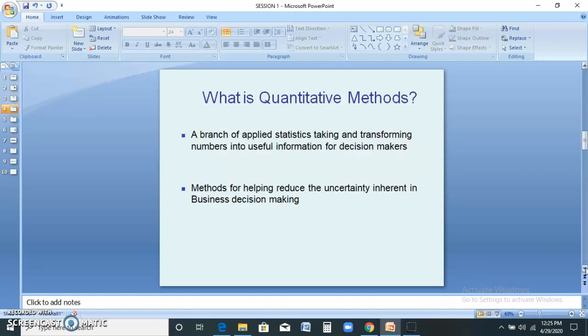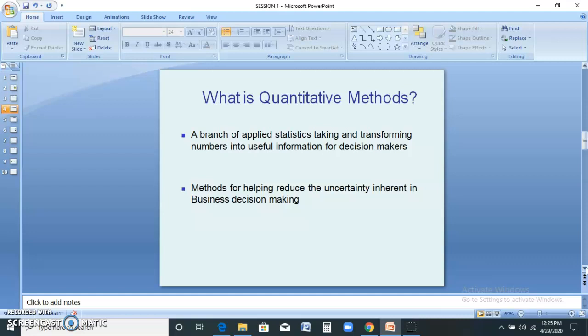Let me now introduce to you what this course, Quantitative Methods, is. This course is primarily a branch of applied statistics which takes and transforms numbers into useful information which is required for decision makers.